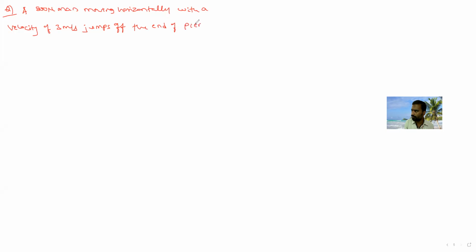What is a pier? In a bridge, have you studied? All these are called pier, column. But in the usual structure we call it a column. Okay, but in the bridge, it is called a pier.